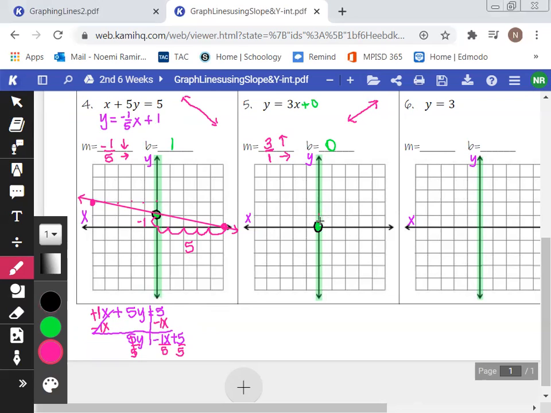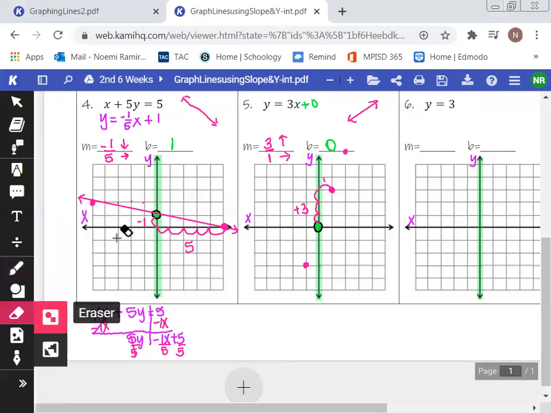So up 1, 2, 3, plus 3, right 1. So my next point is here. If I go up 3, it'll be off the graph, right? So the opposite of going up 3, right 1 is down 3, left 1. And there you can kind of see your line.